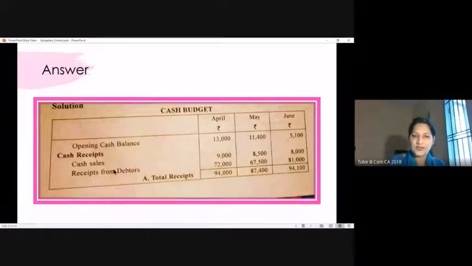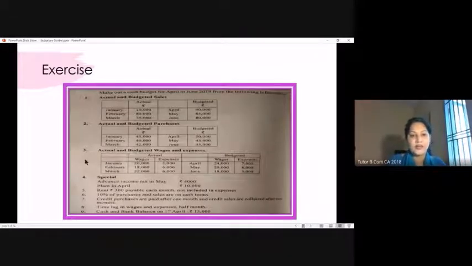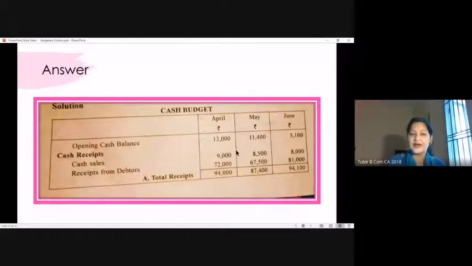So in the receipt part, the first thing we will be putting is, as we have been told in the question, that 10% of sales happen on cash terms. So that is something we will be putting in our receipts as a first item. 10% in the month of April means 10% of 90,000, that is 9,000, right?